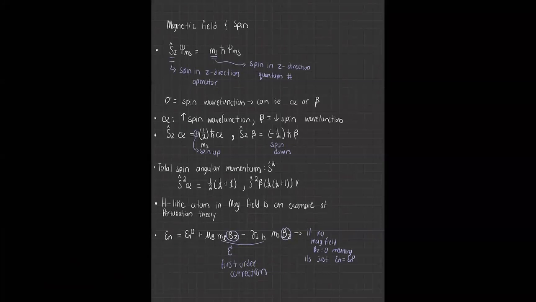Okay, so first I'll talk about magnetic field and spin. The wave function for an H-like atom also includes the ms term, which describes the spin of the electron in the system. This here is the spin wave function, which can either be alpha or beta.